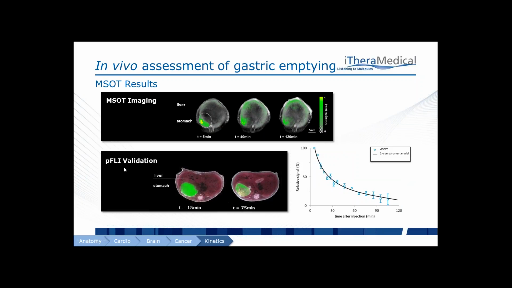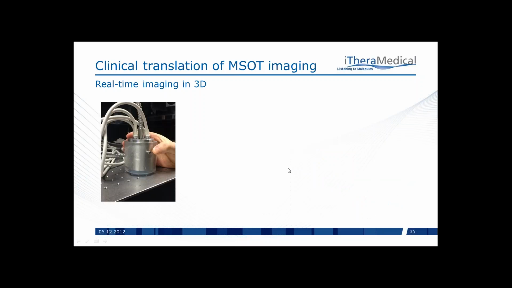We've also validated this by fluorescence imaging. Here we show a fluorescence image at the 15-minute time point and the 75-minute time point. When we quantify those post-mortem fluorescence values, this correlates very well with what we observe by MSOT. Of course, with using much fewer animals, because for MSOT we don't have to sacrifice the animals to get the data.